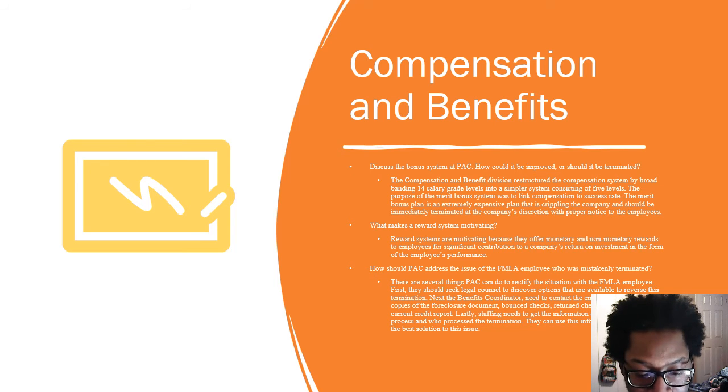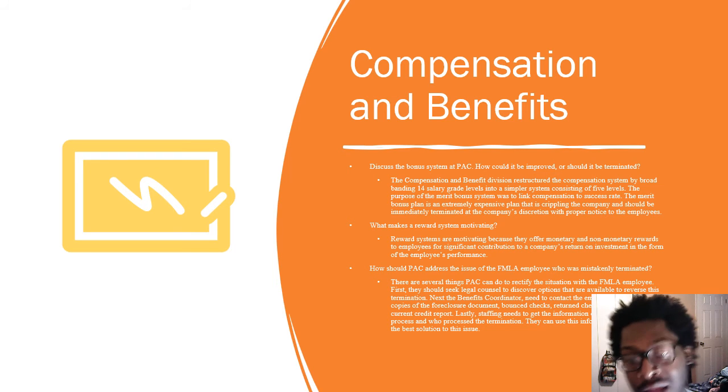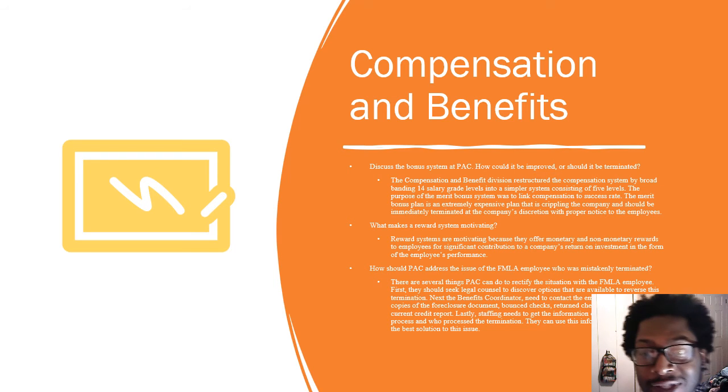How should PAC Resource address the issues of the FMLA employee who is mistakenly terminated? There are several things PAC Resource can do to rectify the situation with the FMLA employee. First, they should seek legal counsel to discover options that are available to reverse this termination.